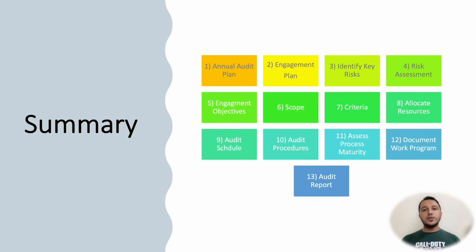So this is the whole cycle, stepwise, of how we perform our audit engagement and develop our work program. There will be more detailed discussion on areas like information gathering, communication and reporting in the subsequent units, which we will cover in those videos.